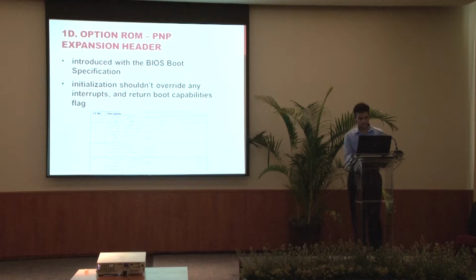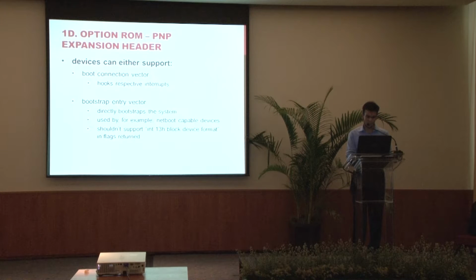The boot capabilities flag, as shown in the table below, lists whether it is an input device or not, whether it is a display device or not, and whether it can boot or not. If it can boot, you have to specify using the highest bit whether it is a block device format. And if it is a block device format, later on it will hook INT 13, which is used for reading from the storage device.